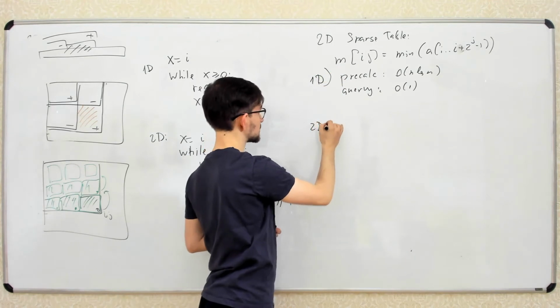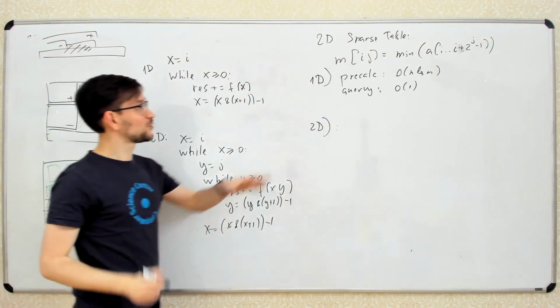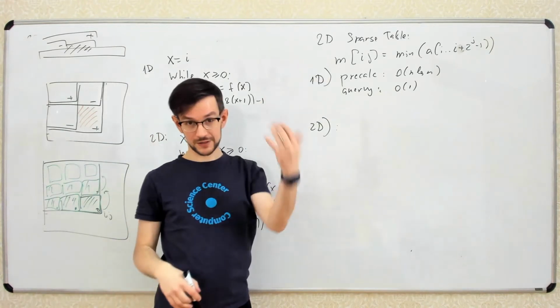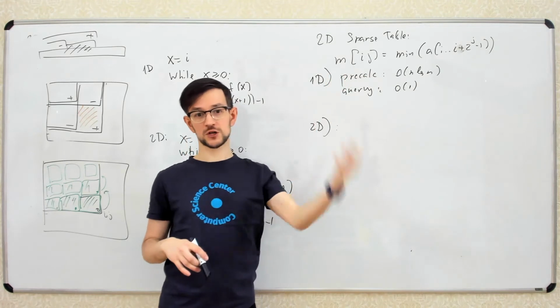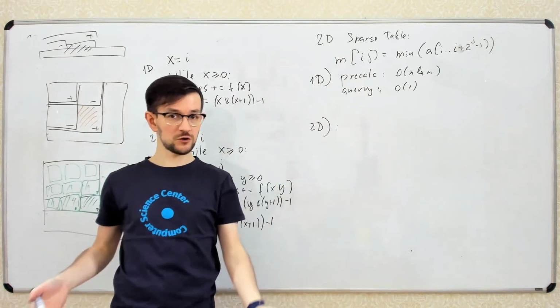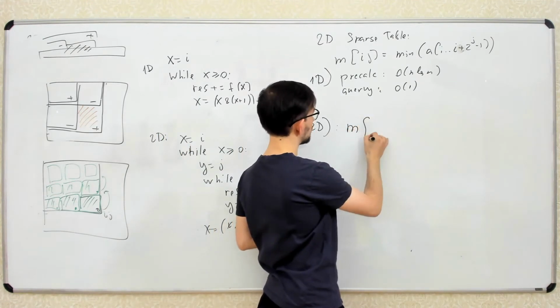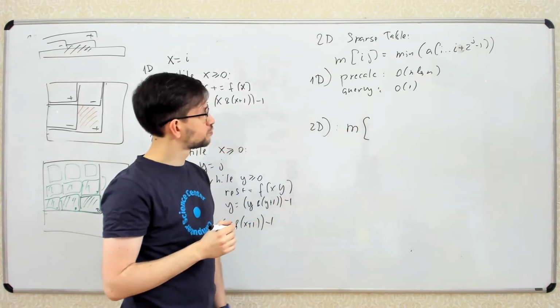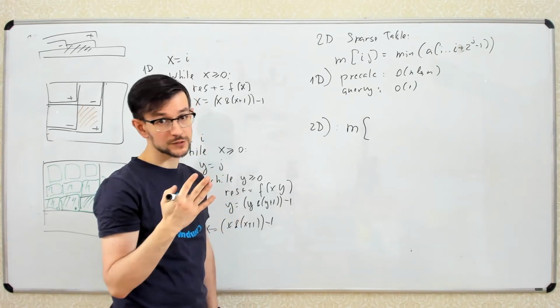In the two-dimensional case, again, we will do all the same thing, but twice. So we will have not a two-dimensional array, but a four-dimensional array. We need a four-dimensional array to maintain all we need. I need 4 letters.